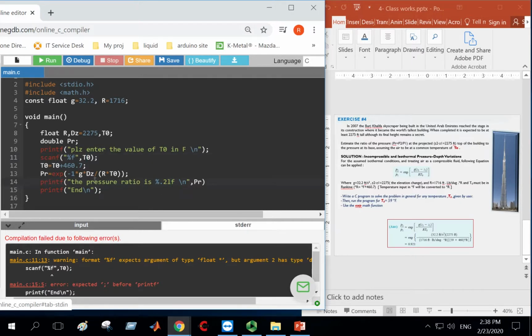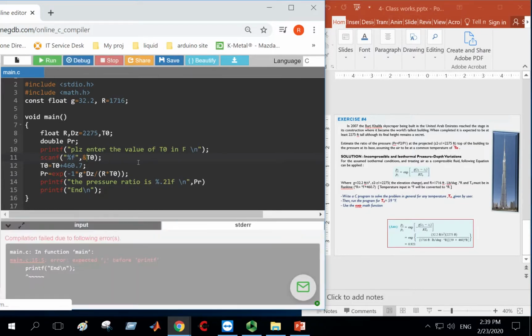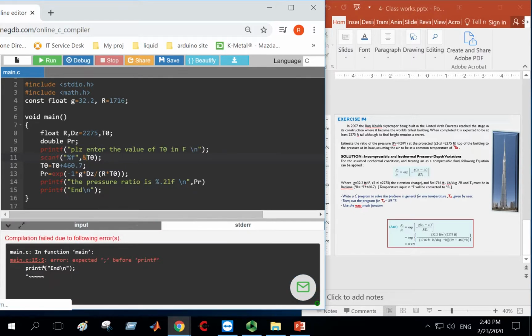So I think there is no problem till now. So the error should be here. Yes, run again. Okay, we have a semicolon before printf. On this line we have a semicolon. Yes, we forgot the semicolon here.